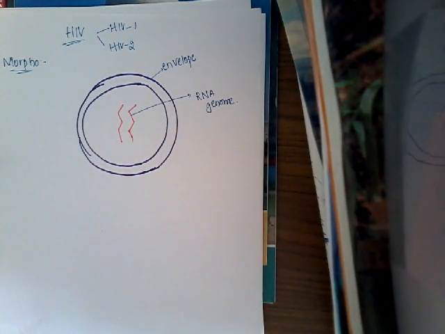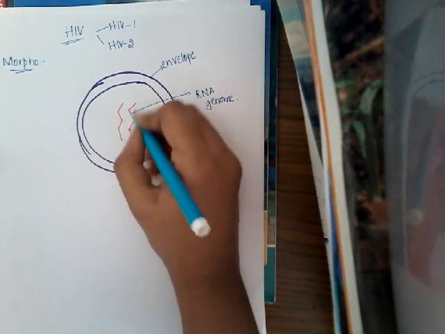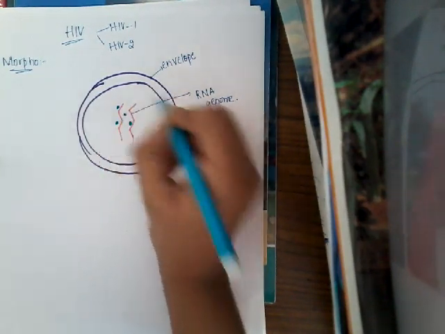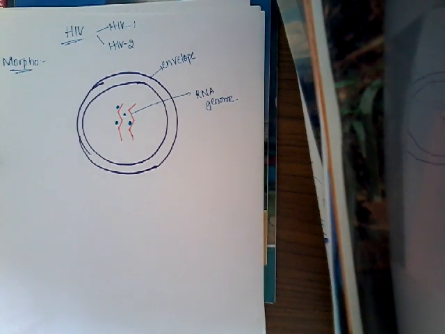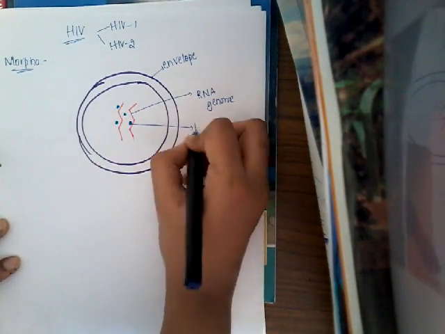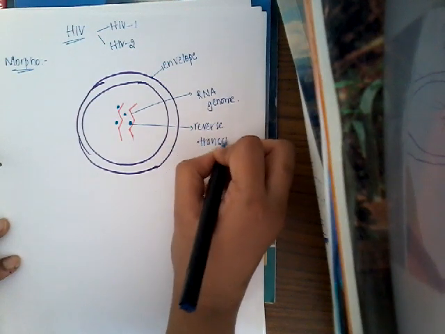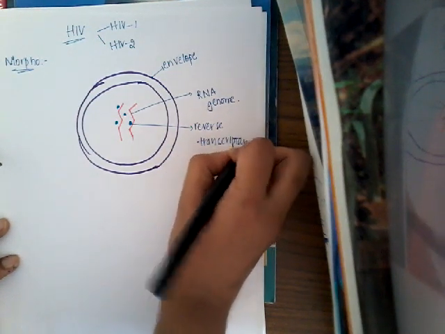In association with the RNA, there is an enzyme present in the HIV virus. Along with the RNA genome, there is an enzyme called reverse transcriptase.